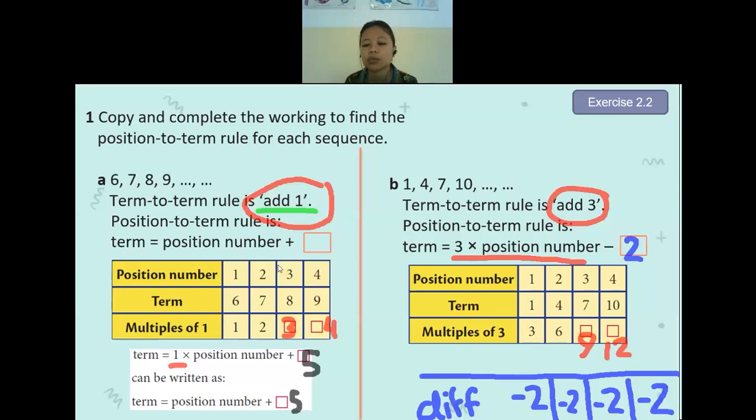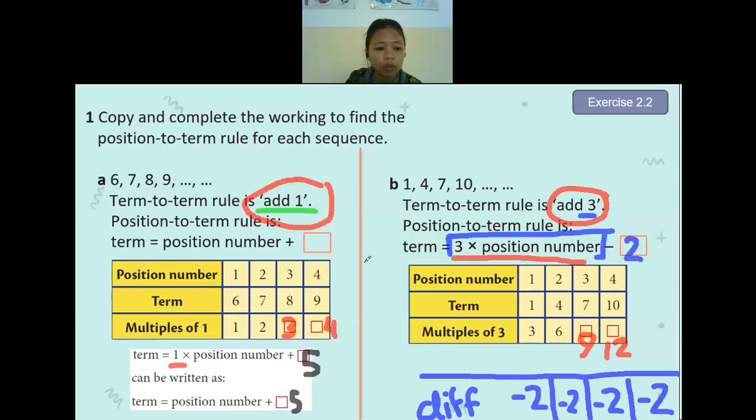If the term to term rule is 9, then it will be 9 times position number. So the term to term rule and the position number are connected to each other. This is 3, that's why the term starts with 3 times position number, because they are connected to each other.